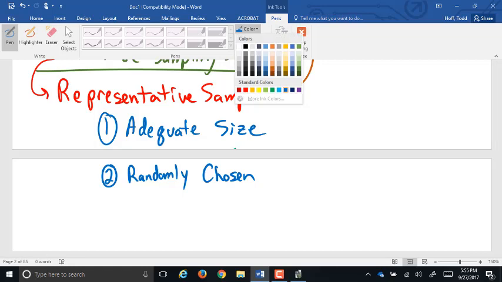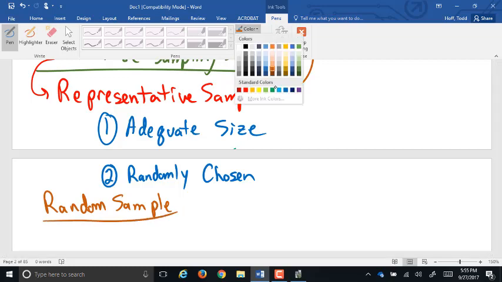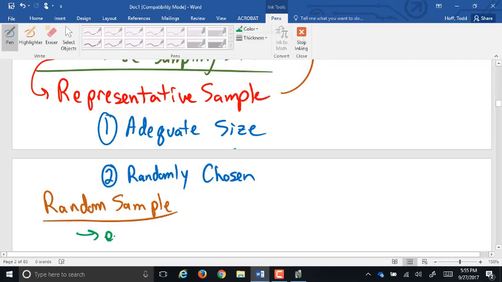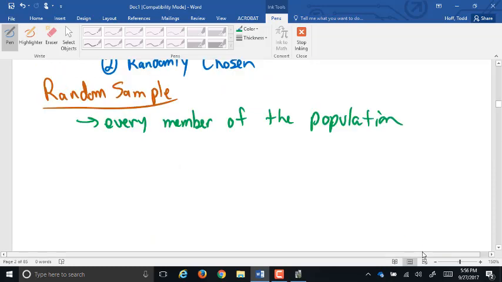To define properly chosen, I need to define that word random. A random sample is a sample in which every member of the population has an equal chance of being chosen, of being in the sample.